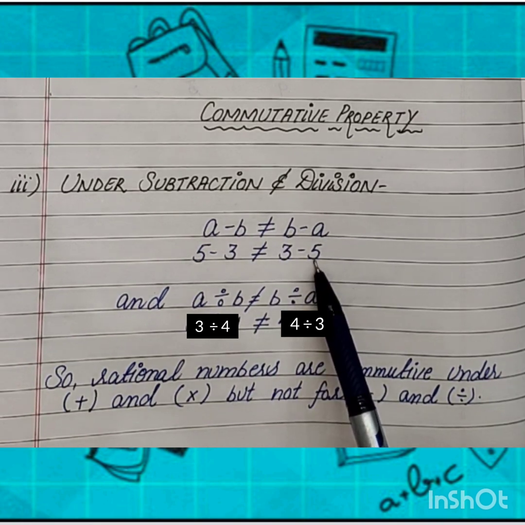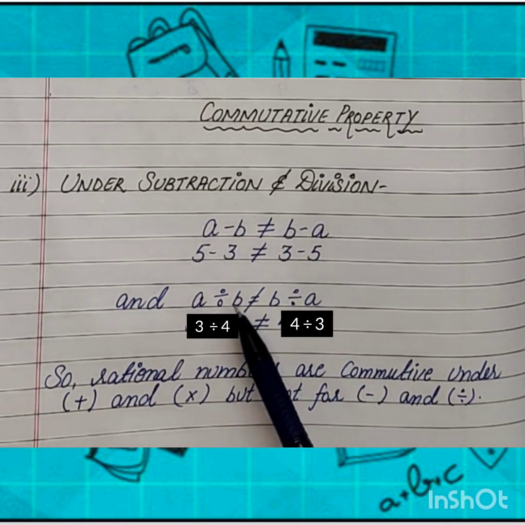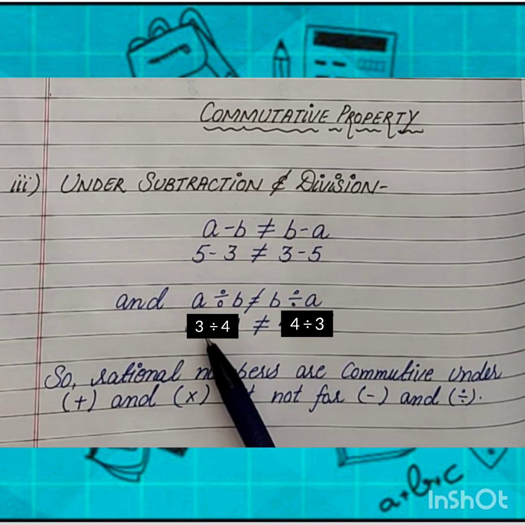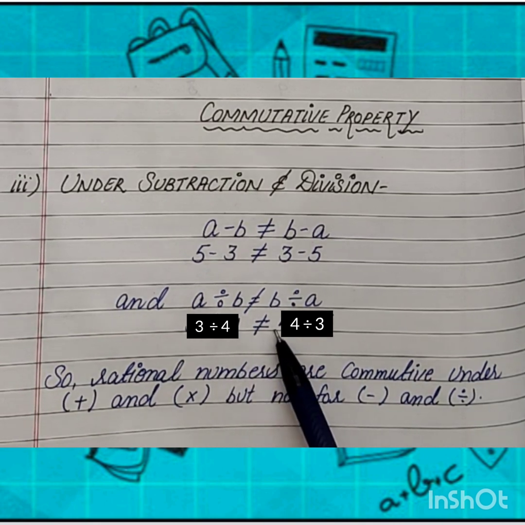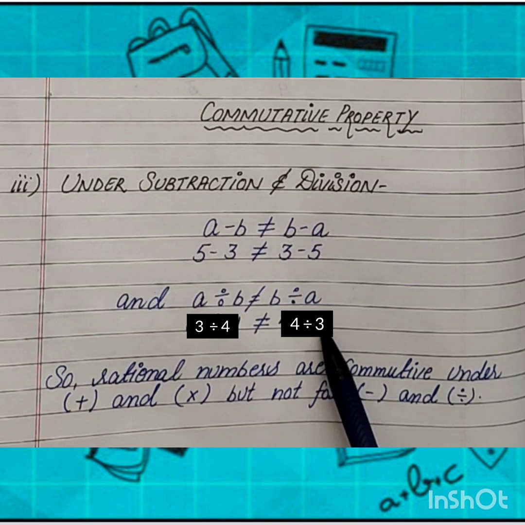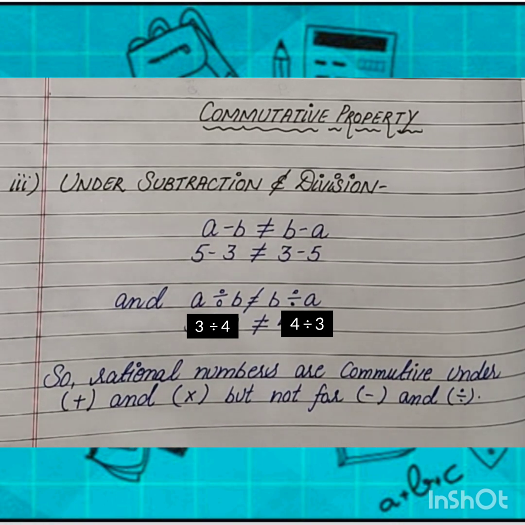So rational numbers are not commutative under subtraction. And for division, a divided by b is not equal to b divided by a, means the answer of 3 upon 4 will be different and the answer of 4 upon 3 will be different. So we can say rational numbers are commutative under multiplication and addition, but not for subtraction and division.